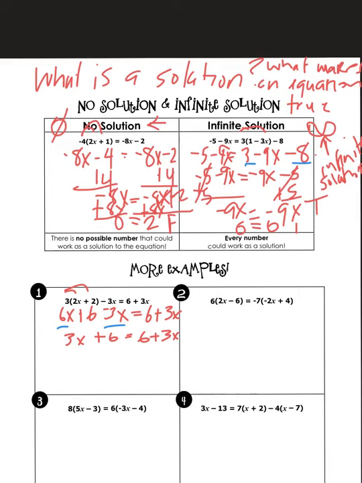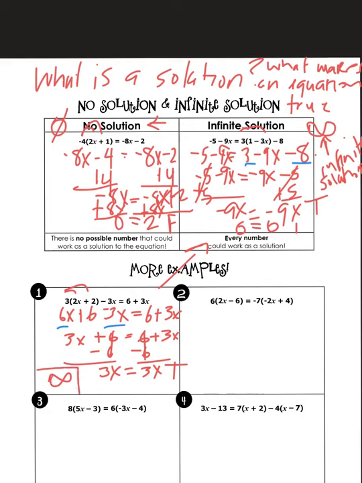I can tell that on the left side and the right side, I have the same exact thing. This looks very familiar to my infinite solution example. If I continue to solve this, subtract 6, those cancel, 3x equals 3x. What I'm left with is the same thing on each side, and this is a true statement. So this is infinite solutions.